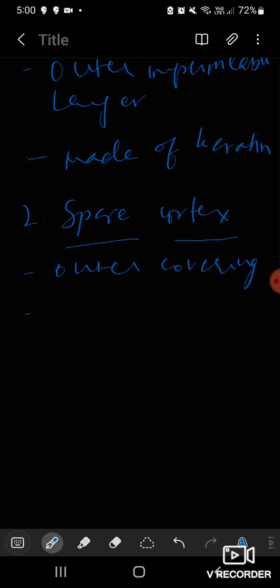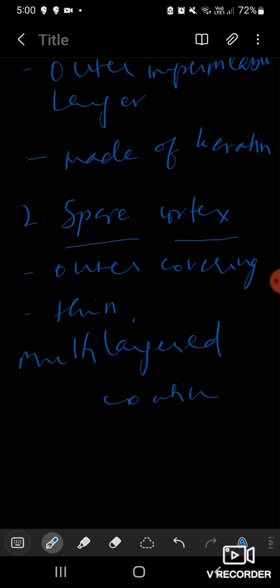It is thin and it is a multi-layered coating. So it acts sort of like a protective sheet around the spore coat.